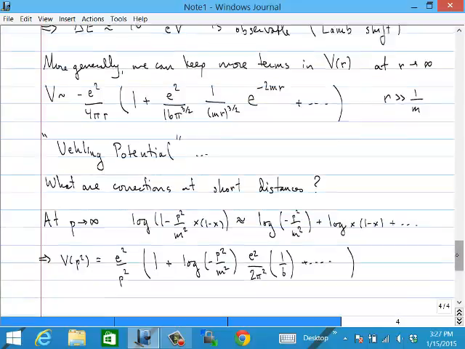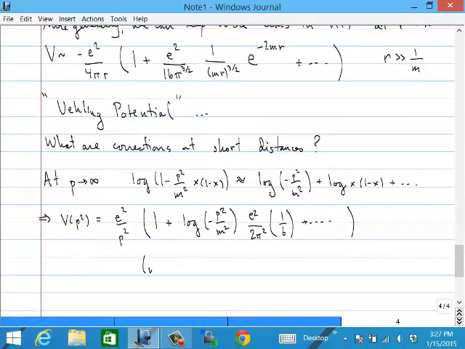One important point to keep in mind here is that the momentum p is spacelike, so minus p squared is positive. And we're taking minus p squared to infinity, so that the argument of the logarithm here is large and positive.